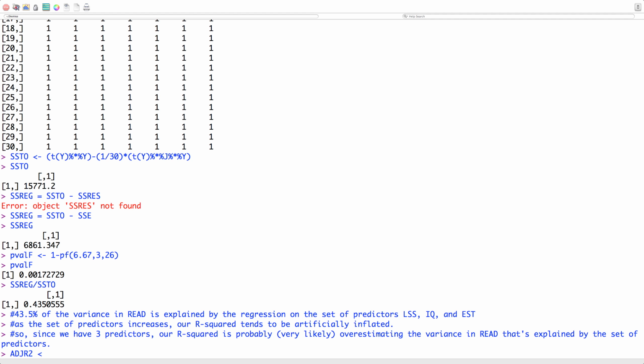So the adjusted R squared is going to be 1 minus. So first of all, I need n minus 1, which is 29. And I need n minus p, which would be 26.